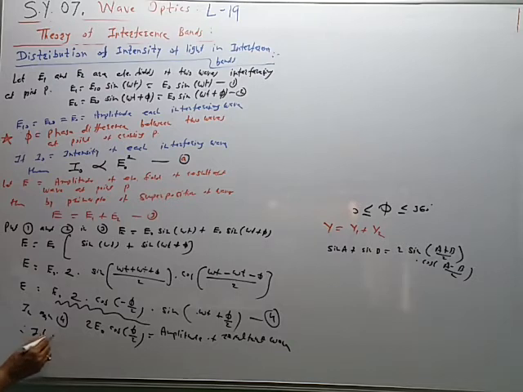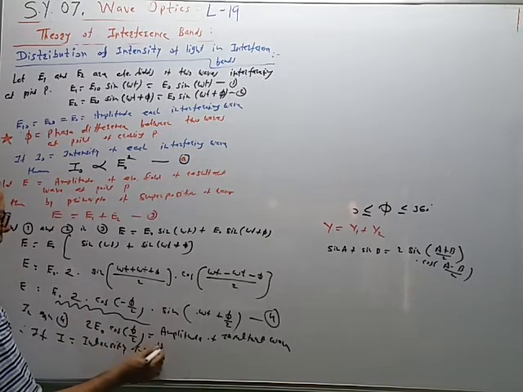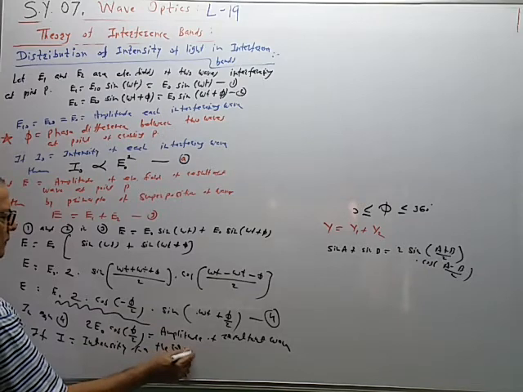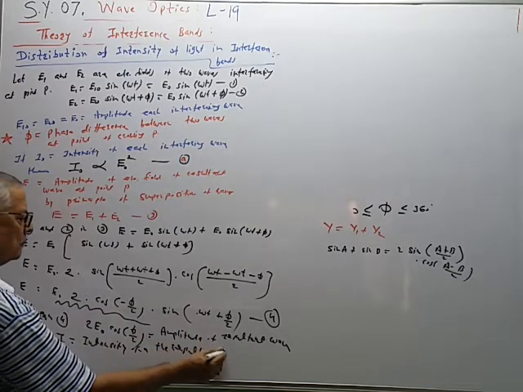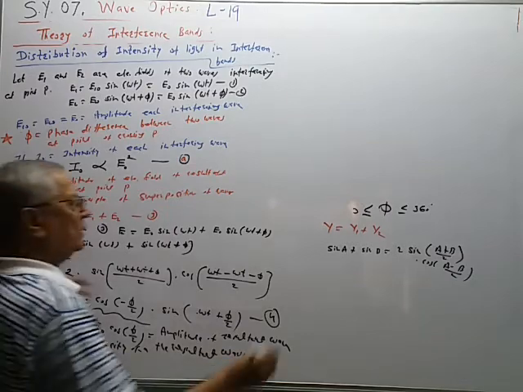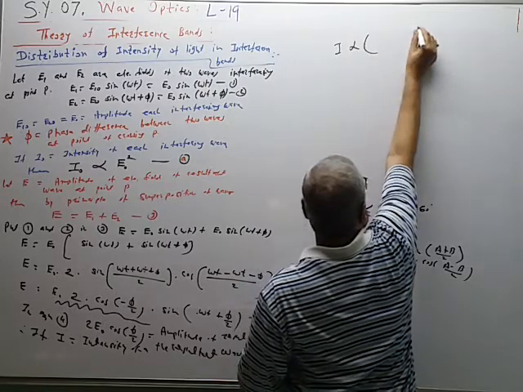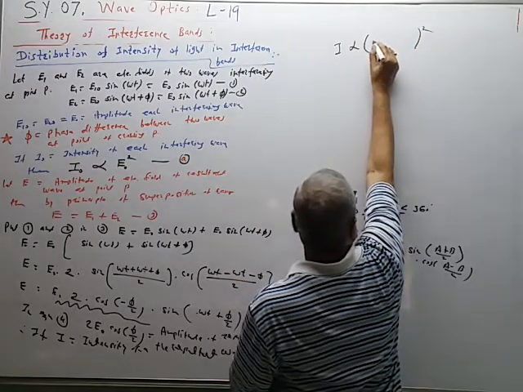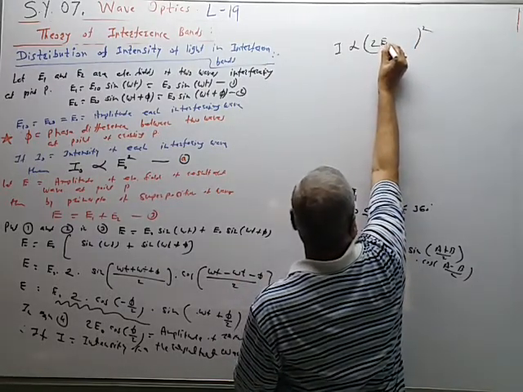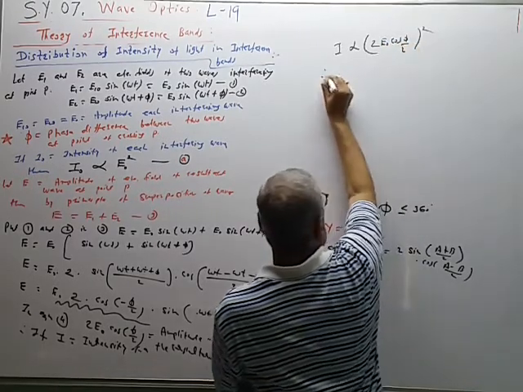Therefore, if I is the intensity of the resultant wave, then intensity I is directly proportional to the square of the amplitude of the resultant wave, that is, 2 times E0 cos of phi by 2.